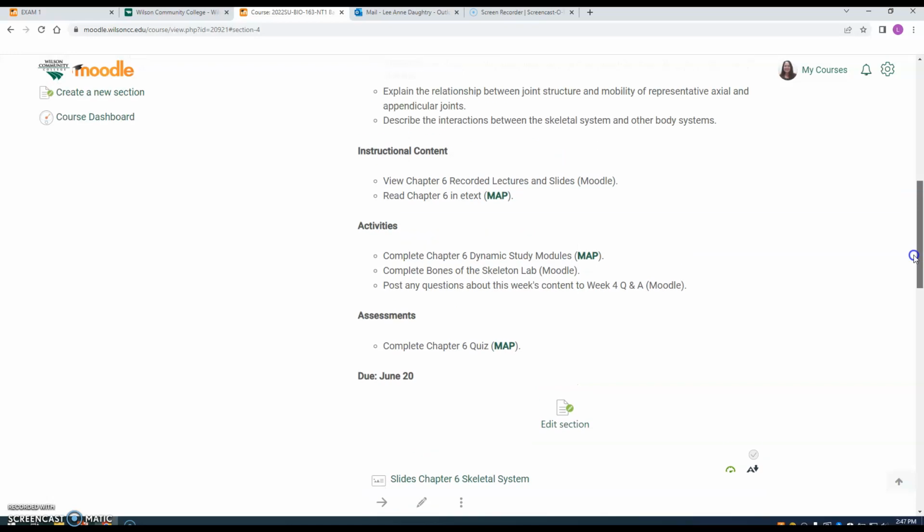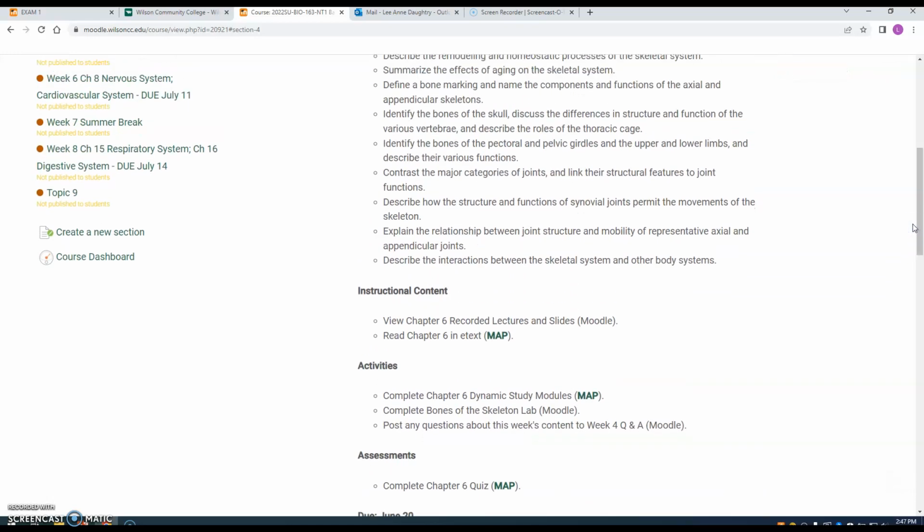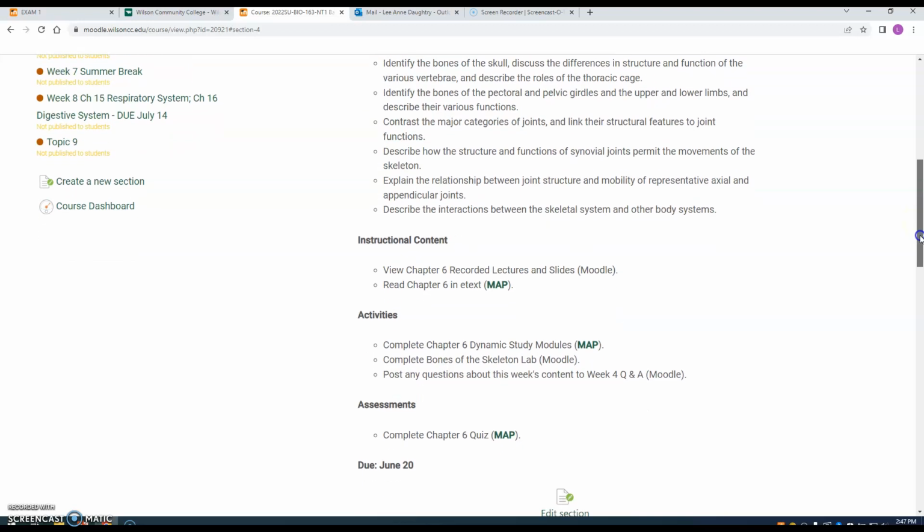Remember having to learn the body regions, like the head is the cephalic region, the forehead is the frontal region, the upper arm is the brachial region. Those will be on the lab practical, and the bones will be on the lab practical. And more than likely that's going to be it. So that's going to be the majority of it anyway. So that will be on Thursday.